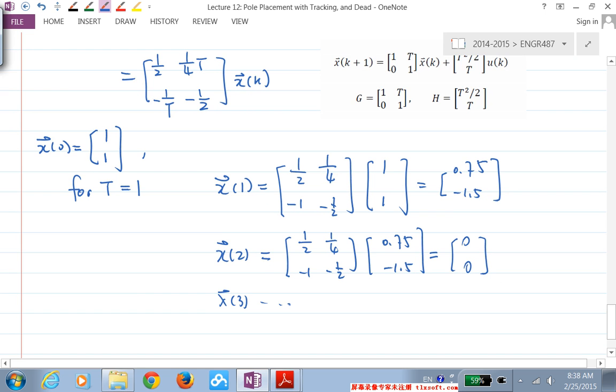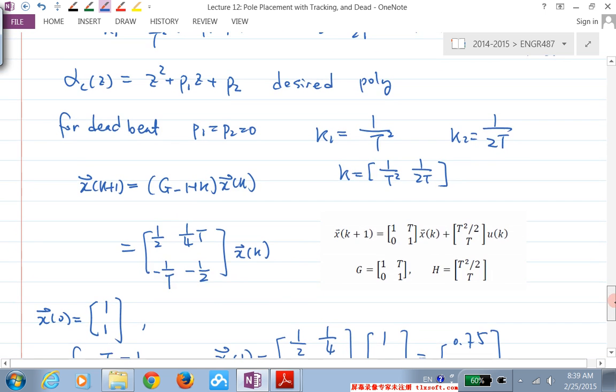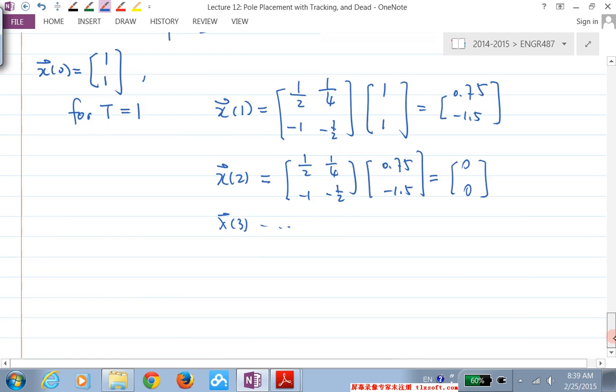Okay, so now let's see the question here to verify the realistic sense of this deadbeat response. If t equal to 1, then let's check the corresponding control input.